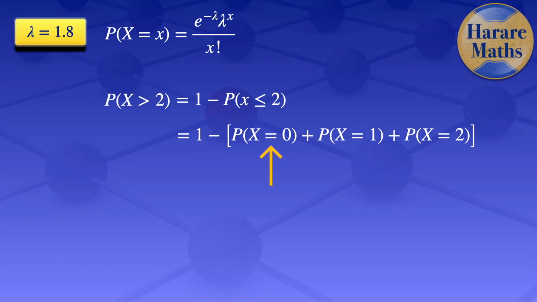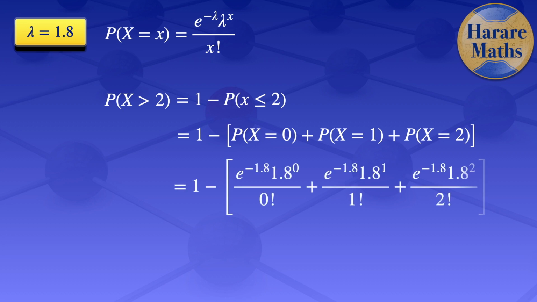For the probability that X equals 0, we substitute x equals 0 here. For x equals 1, we substitute x equals 1 there. For x equals 2, we substitute x equals 2 there, using this lambda, the 1.8. So our probability becomes 1 minus e to the power of minus 1.8 times 1.8 to the power 0 divided by 0 factorial, plus e to the power of minus 1.8 times 1.8 to the power 1 divided by 1 factorial, plus e to the power of minus 1.8 times 1.8 squared divided by 2 factorial.